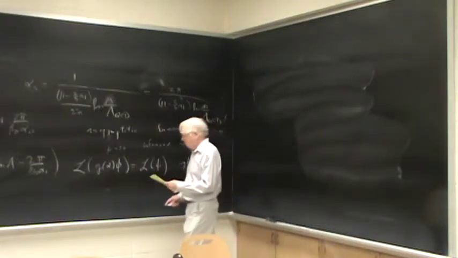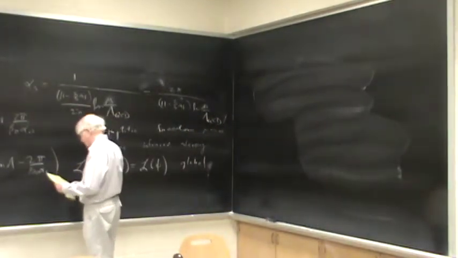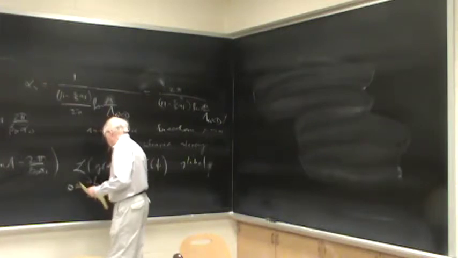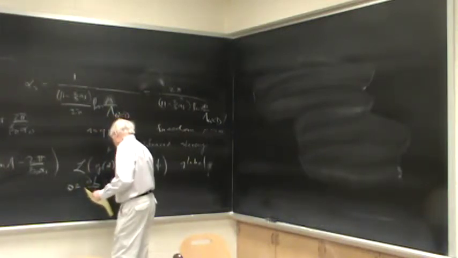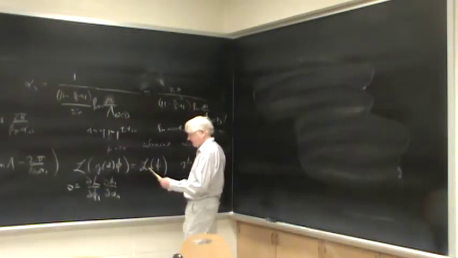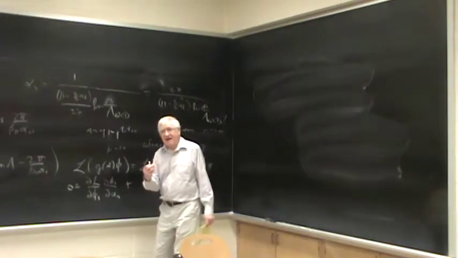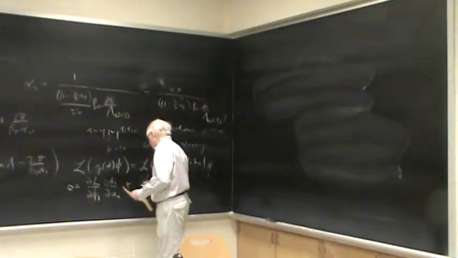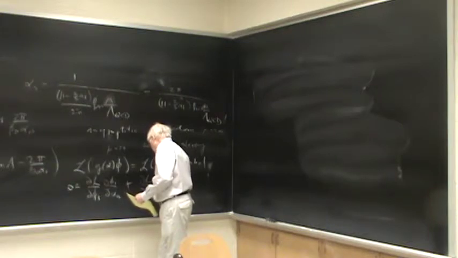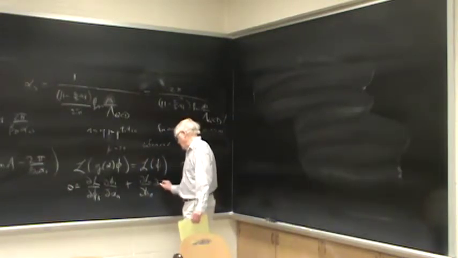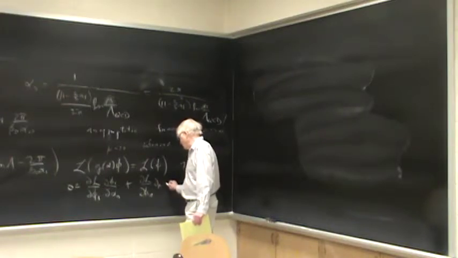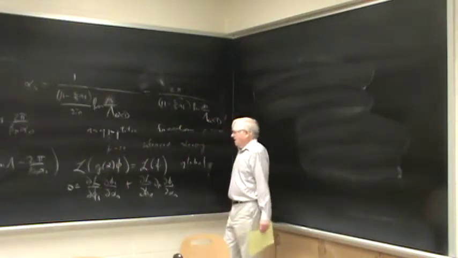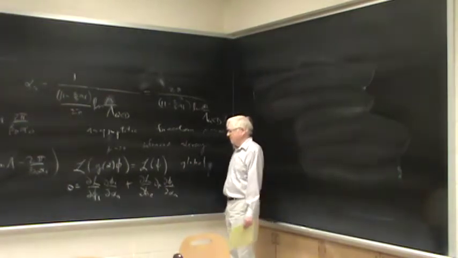But right now, let's do global, and let's repeat Emmy Noether's theorem, namely that if this is a symmetry, then we have partial L, partial phi I, partial alpha A. I'm imagining that we have generators TA for each of these symmetries, and then this is partial L, partial the muth derivative of phi I, and then that's the same thing as d mu of partial phi I, partial alpha A. And this is because it's an exact global symmetry.